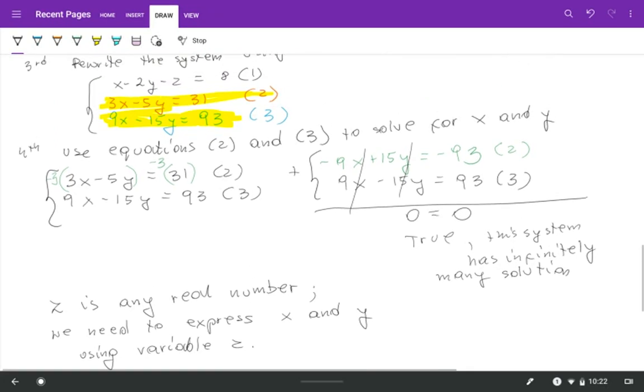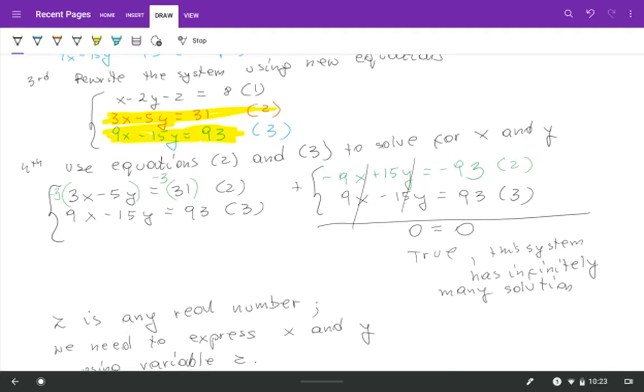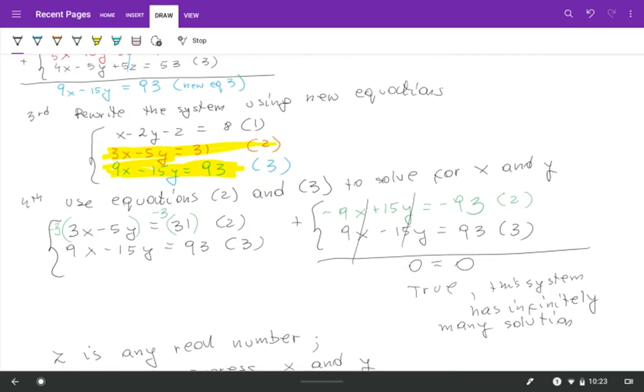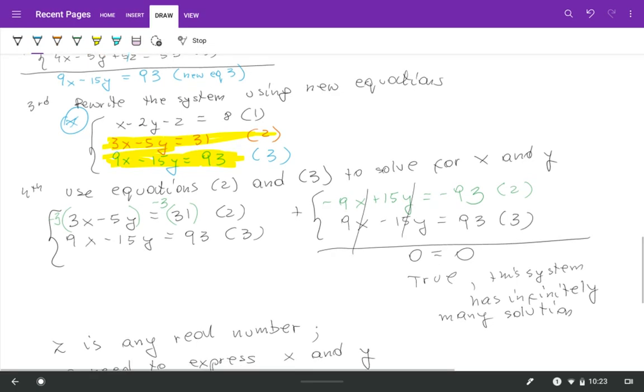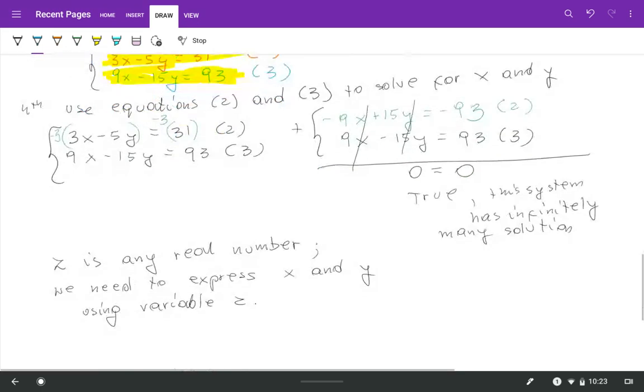So I'm going back to this equivalent system. Right here. We know already the system has infinitely many solutions. However, we need to express the solution using variable z. So what I'm going to do is work with equation 2.